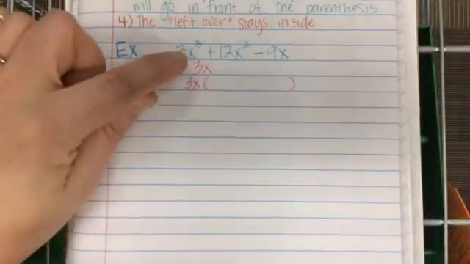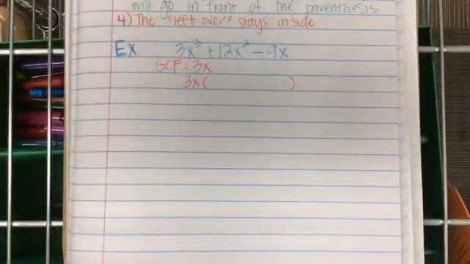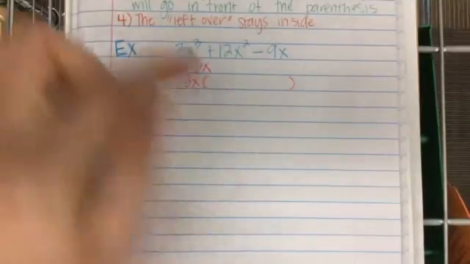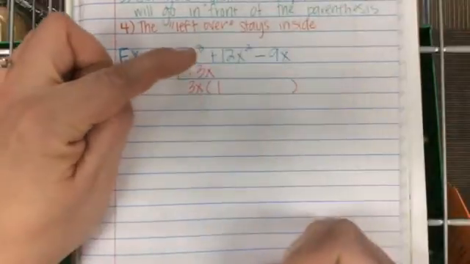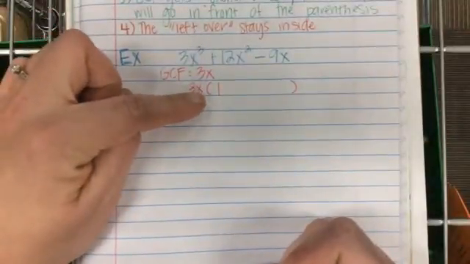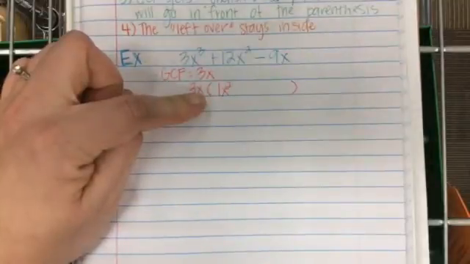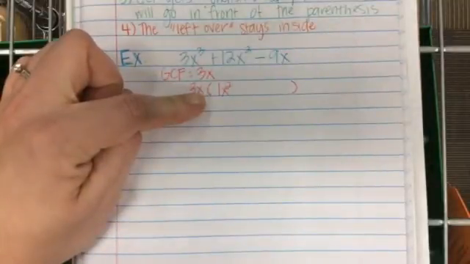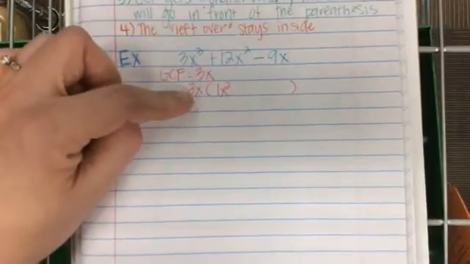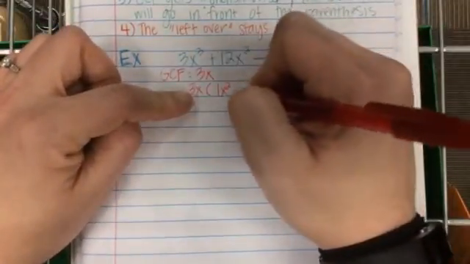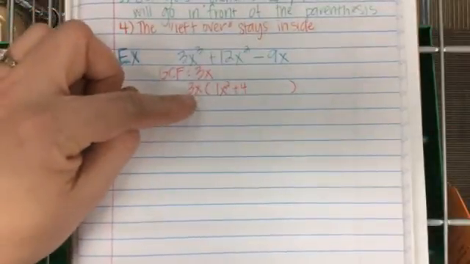So what's 3x to the third divided by 3x? What's 3 divided by 3? 1. And what's x to the third divided by x? X squared. What's 12 divided by 3? 4. Positive 4. What's x squared divided by x?